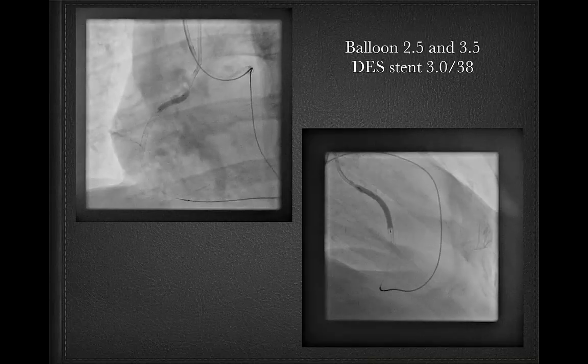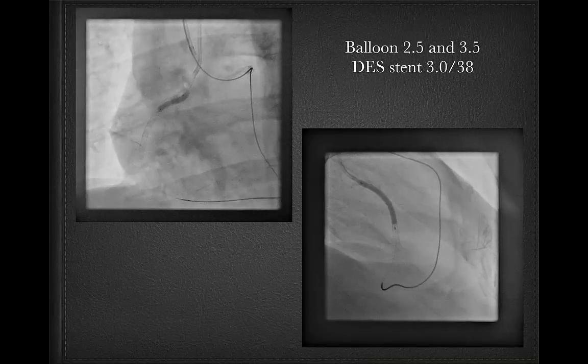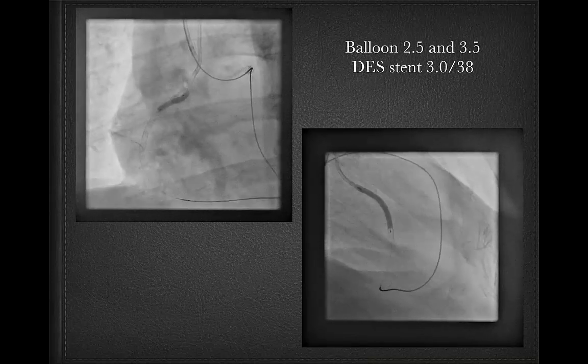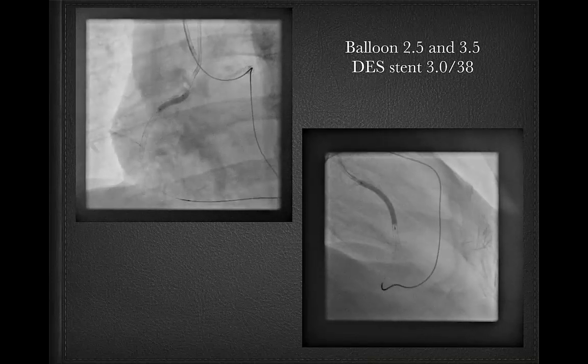And then antegrade predilatation. It was the first time that we could cannulate with the antegrade guiding, with the support of the retrograde wire. So balloons 2.5 and 3.5, and then it was a BMS stent.